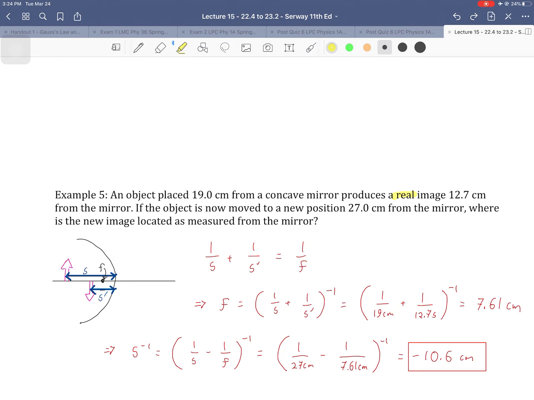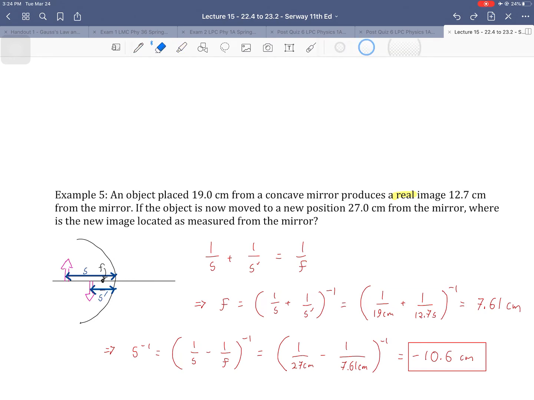Whereas before we had 19 and 12.7. Nope, just bad math. Okay, good.